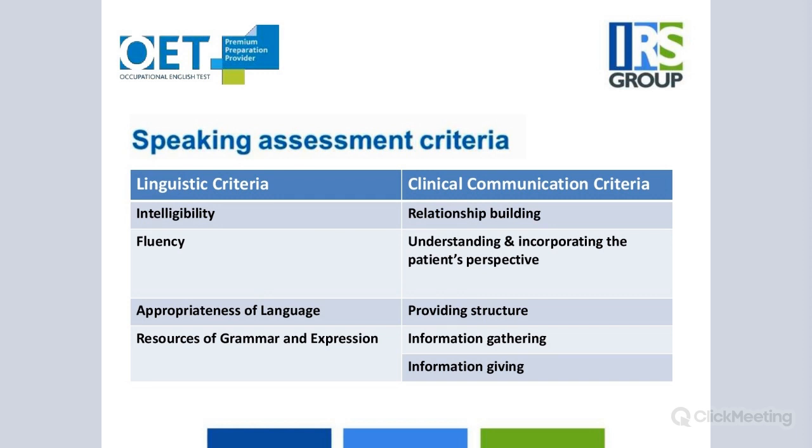Whatever concern the patient, or whoever is sitting in front of you, has, you need to give information in response. Maybe you might not be able to answer all his questions, but you should at least acknowledge him by giving some sort of information. These are the criteria OET is going to assess you on with regards to your speaking.